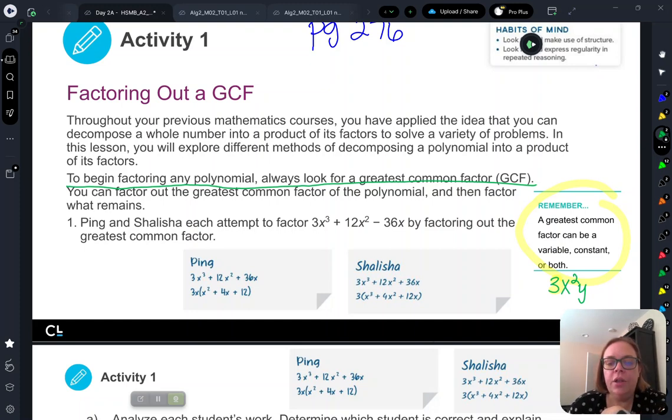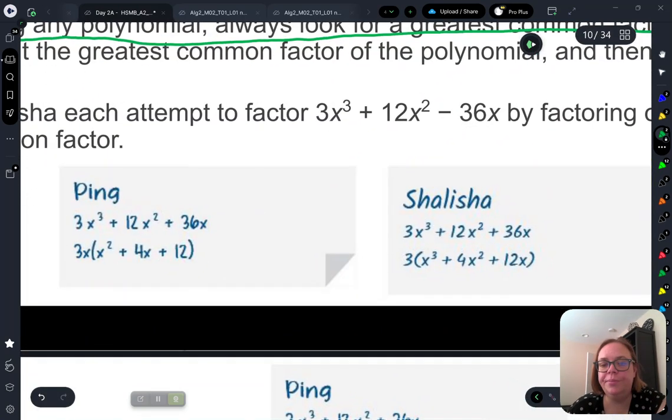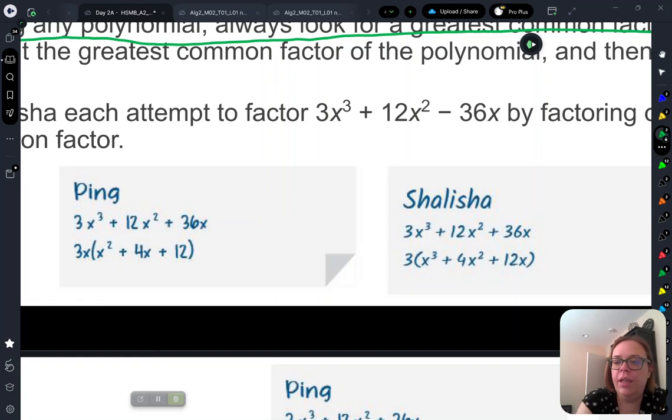All right, so Ping and Shalisha each attempt to factor 3x cubed plus 12x squared minus 36x by factoring out the greatest common factor. So let's take a look at their work. We can see that Ping factored out a 3x.